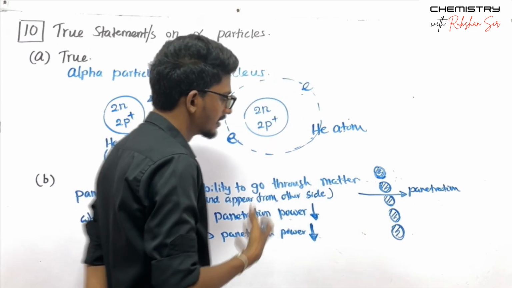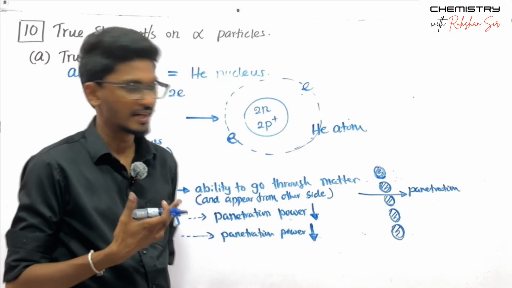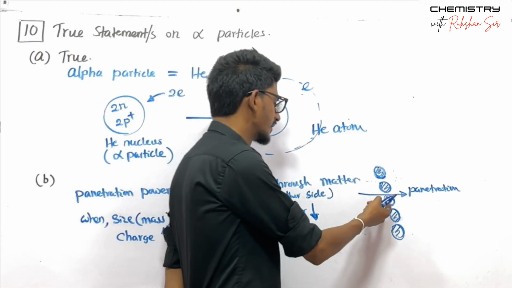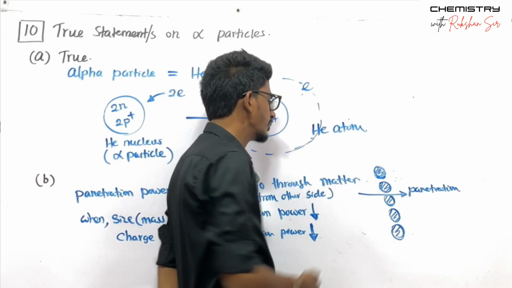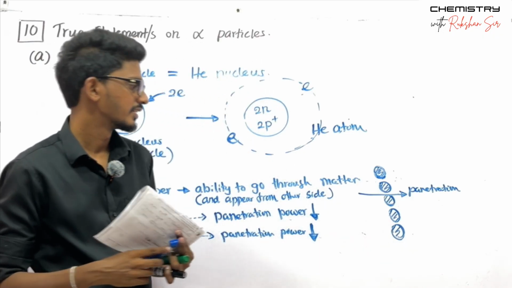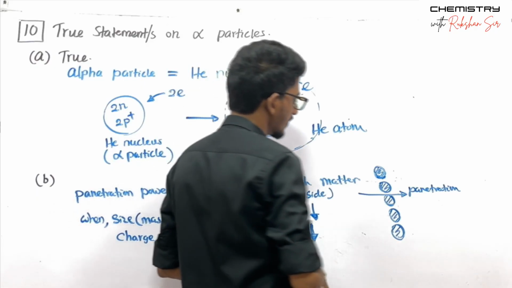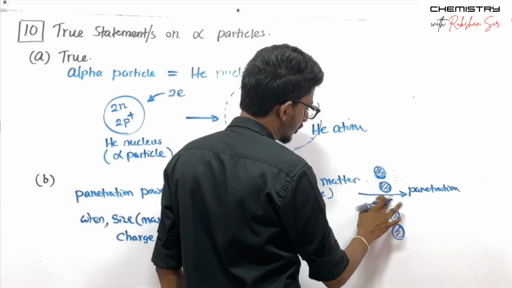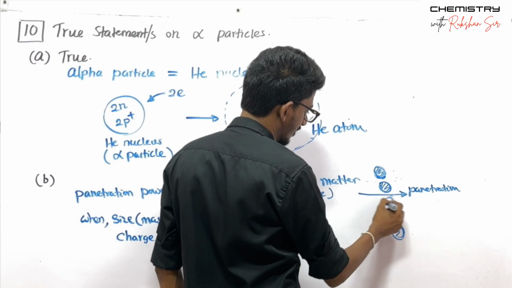If your particle has a negative charge, it tends to attract towards the positive nucleus of these atomic layers.